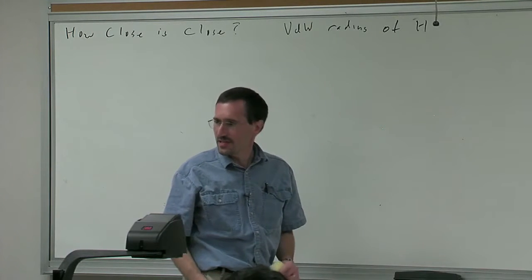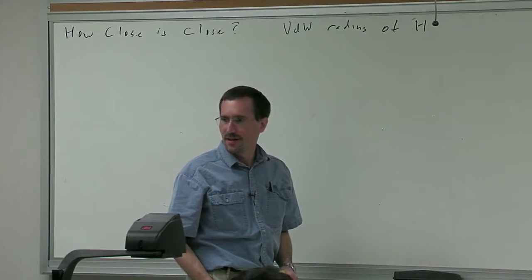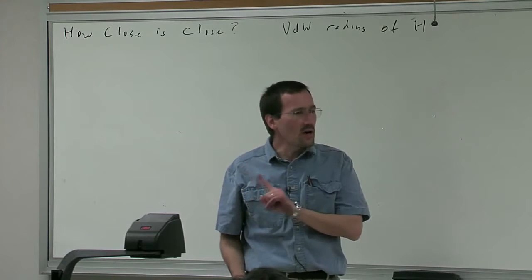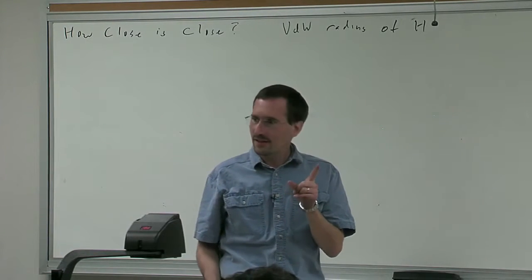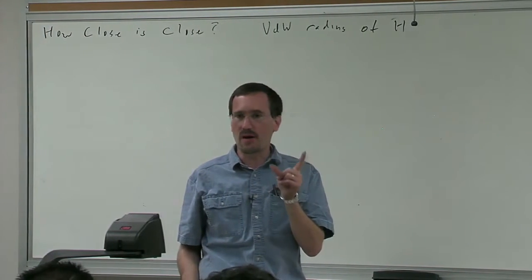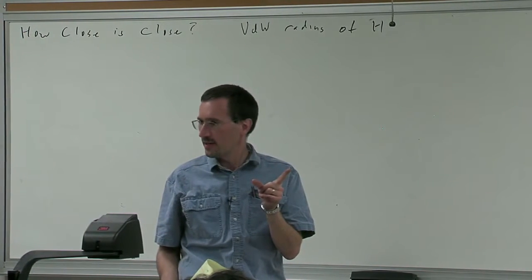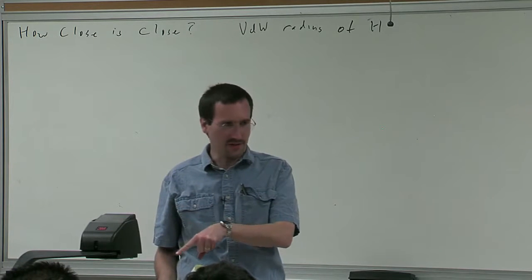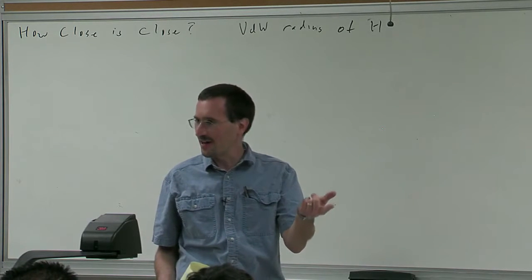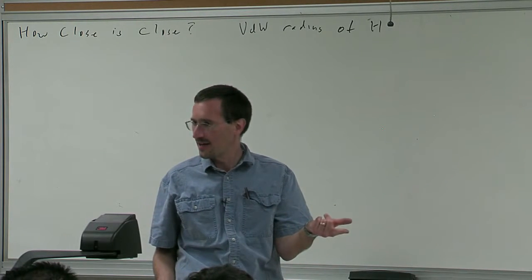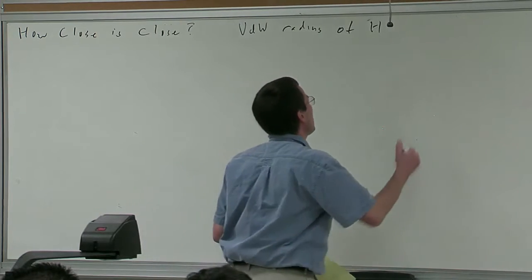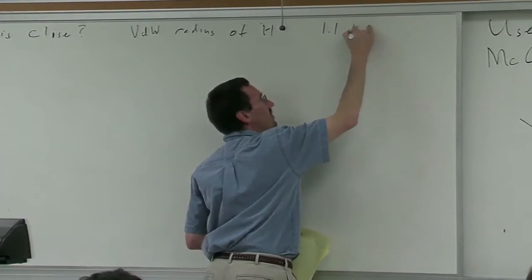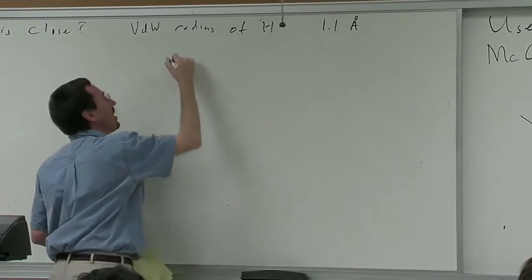A few good numbers to keep in your head. Let's take a carbon-carbon bond. What's a carbon-carbon single bond? Picometers, or I'm kind of an angstrom guy, 1.54 angstroms. So the van der Waals radius is on that same scale. It's 1.1 angstroms.